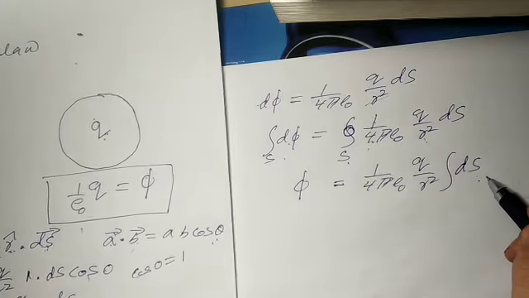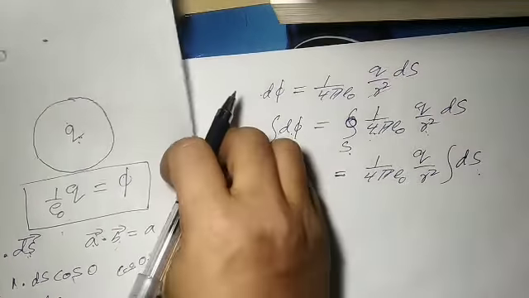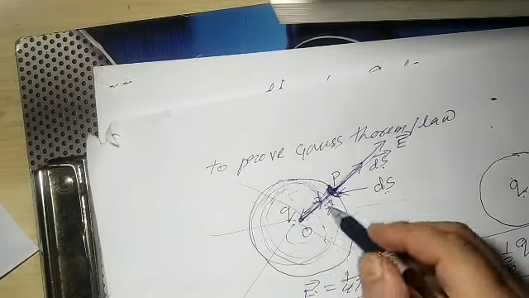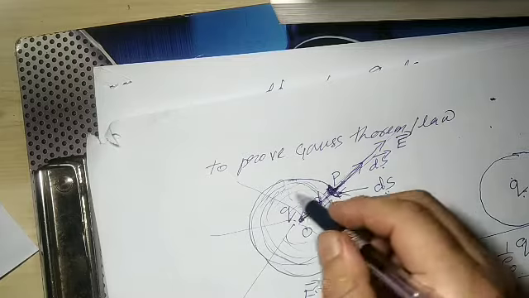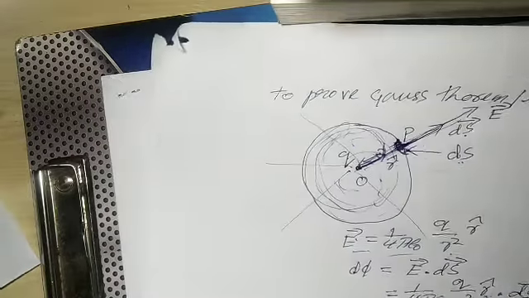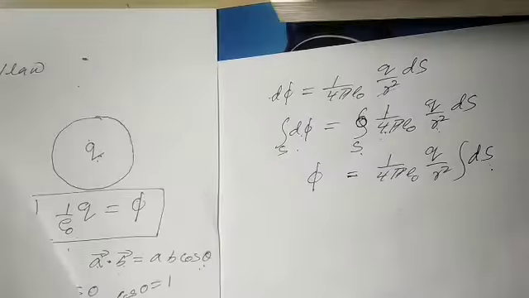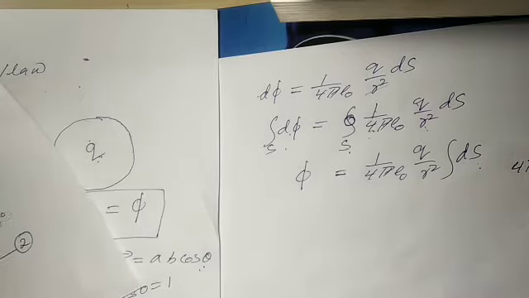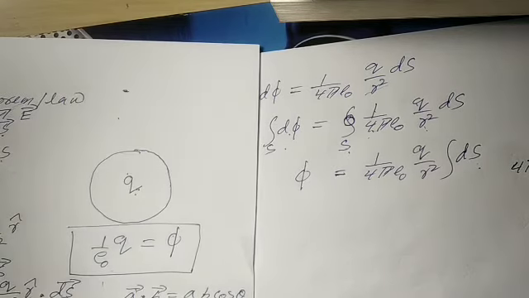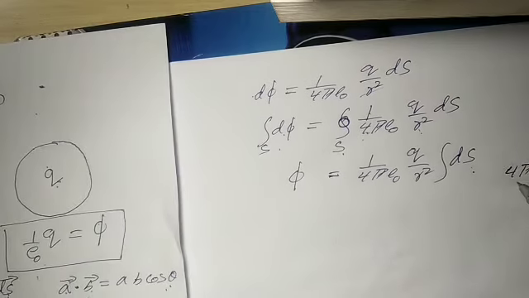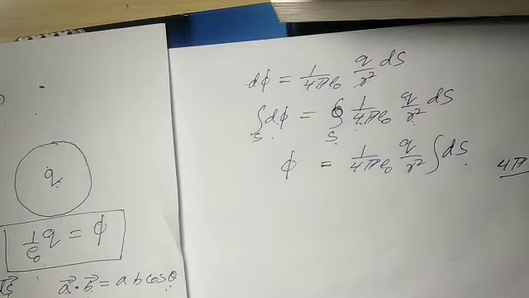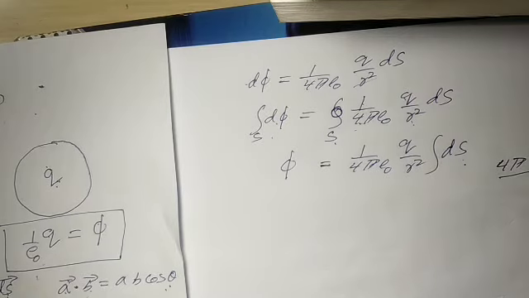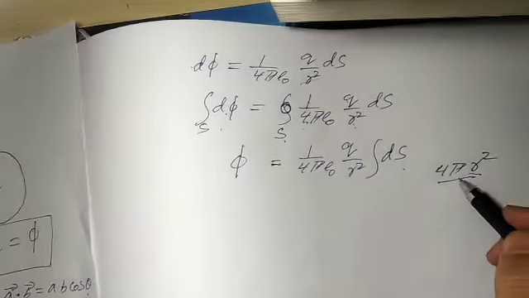What is the formula for the total surface area of a sphere? It is 4 pi r square, where r is the radius of the sphere.